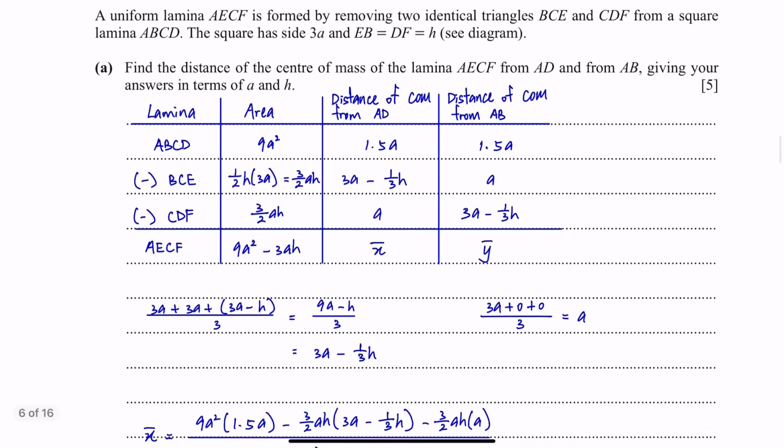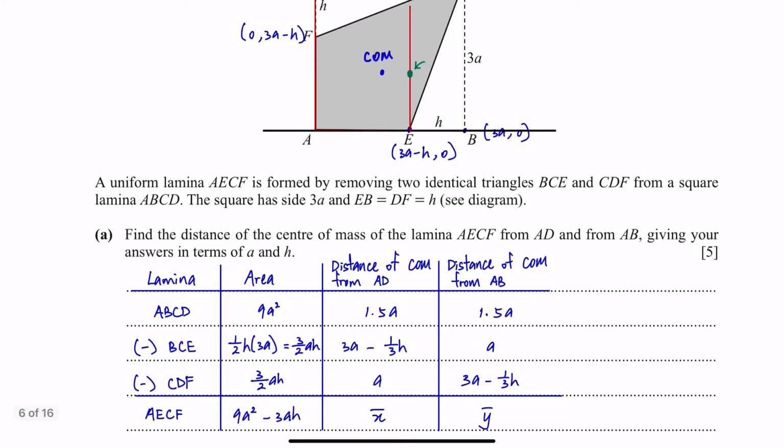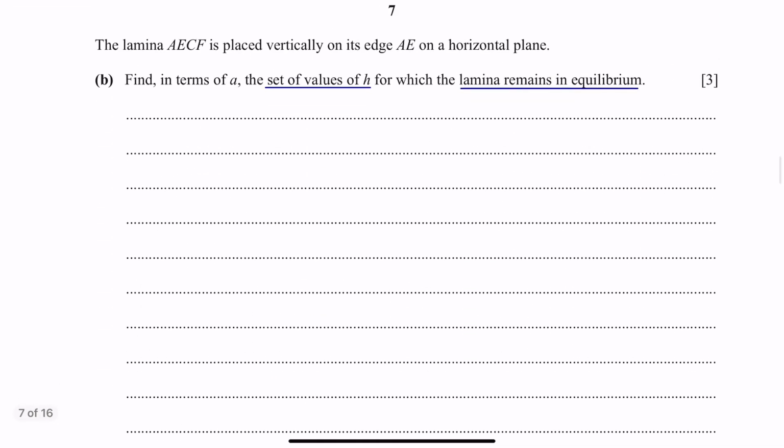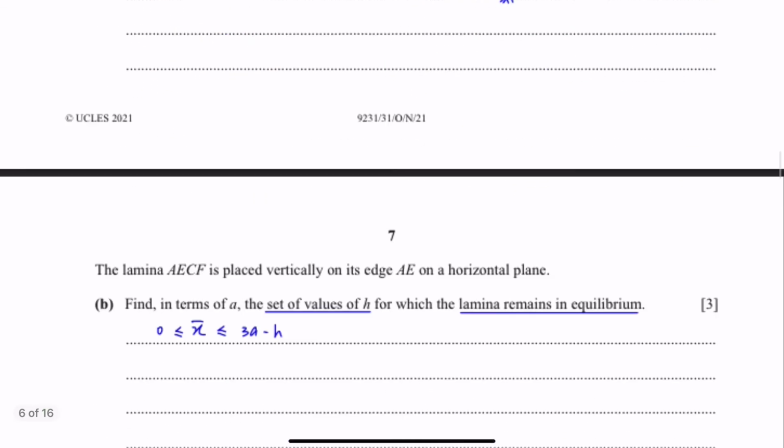So we know that this x bar here, the distance of COM from AD, has to be in this range, right? So x bar has to be more than 0 and less than 3a minus h, because this length here is 3a minus h.